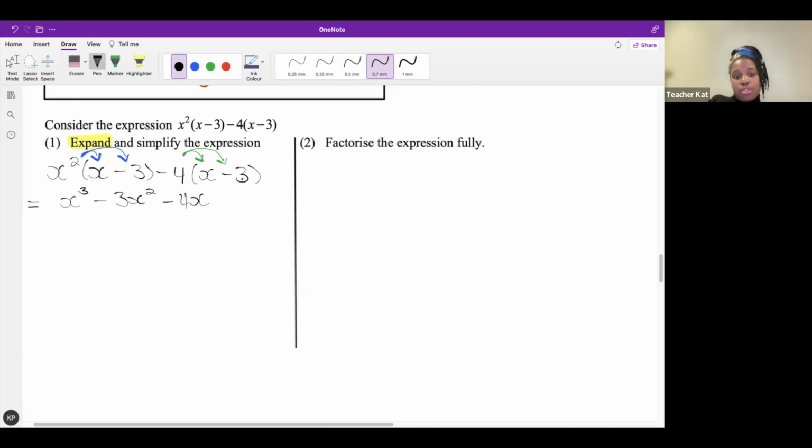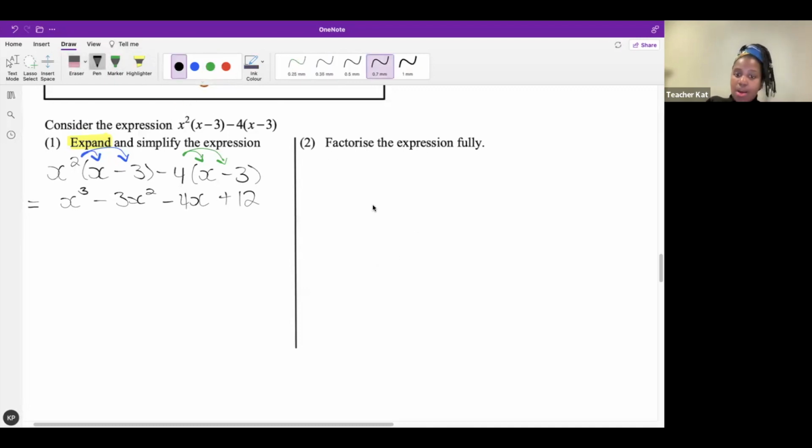And negative 4 times negative 3. Positive 12. Nice. Is there anything else we can do here? Are there any like terms? No. So we are done. Okay. That's what expand and simplify means. You do not go back and factorize and end up here.